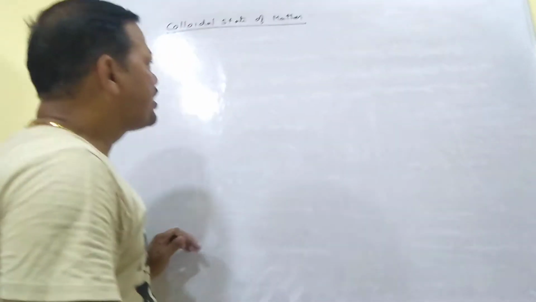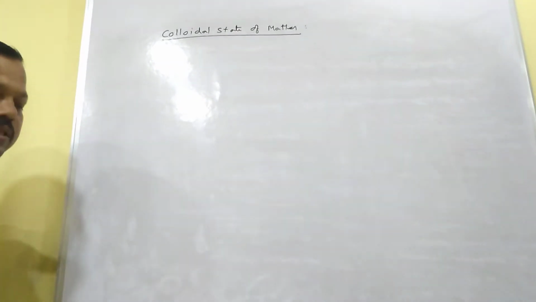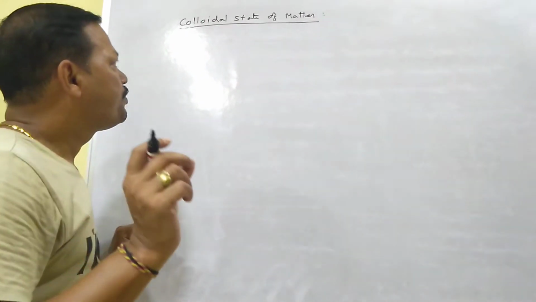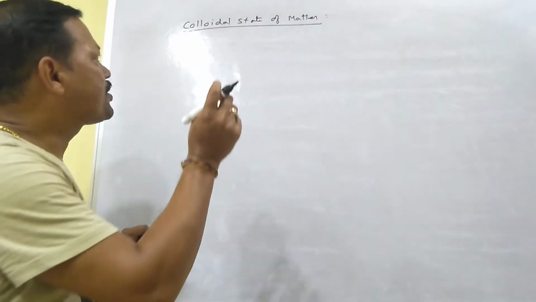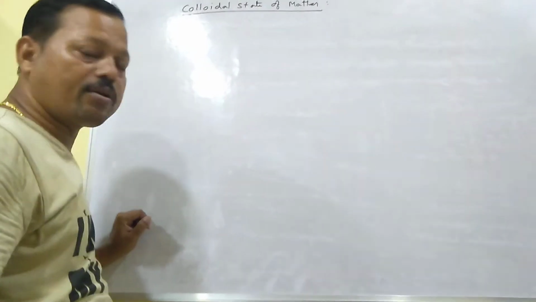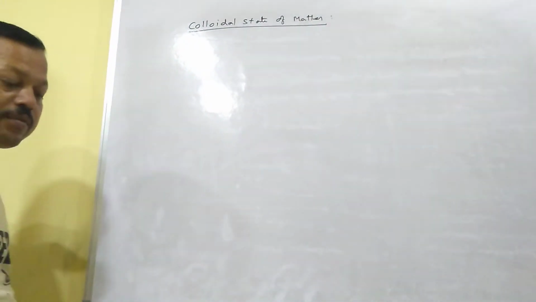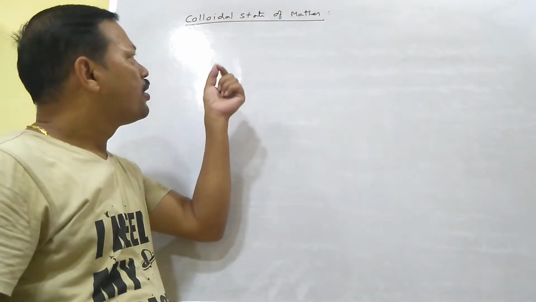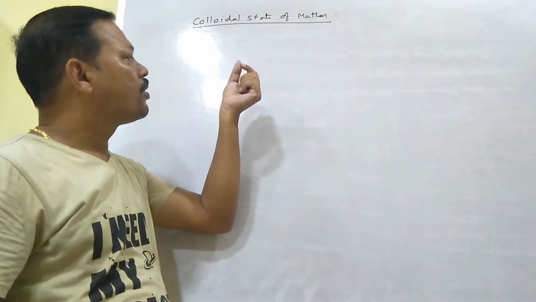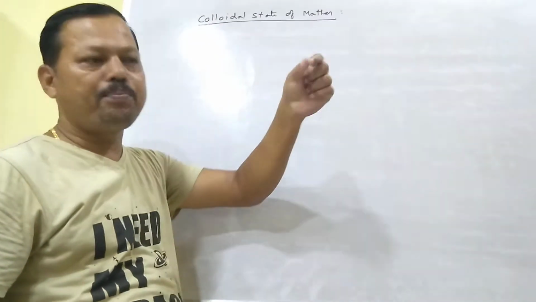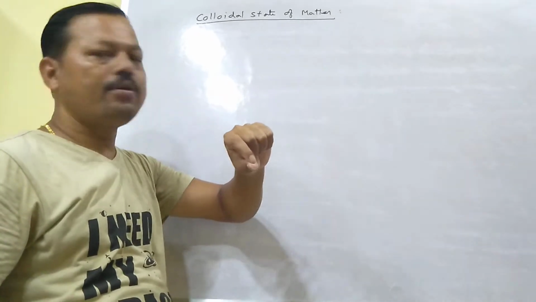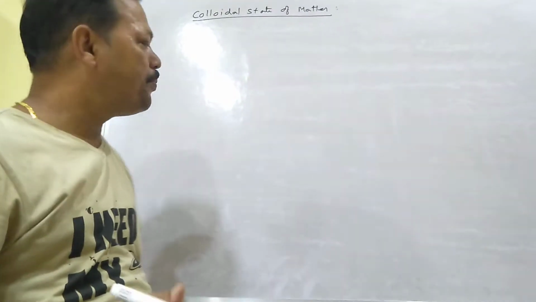It is a state in which particle sizes are very small, and if a substance is in this colloidal state, then it can pass through a filter paper, but it cannot pass through a membrane.